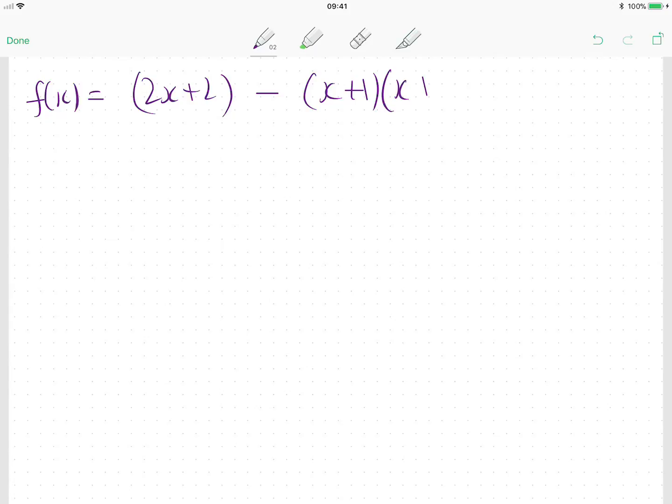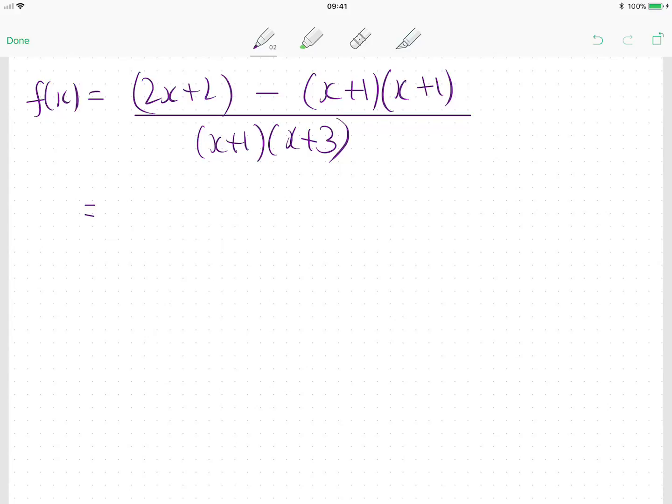So what was that? I think that's a plus 1, and this is all divided by x plus 1, x minus 3. Okay, let's just check that that's right. Is our question? Yeah, that looks good.